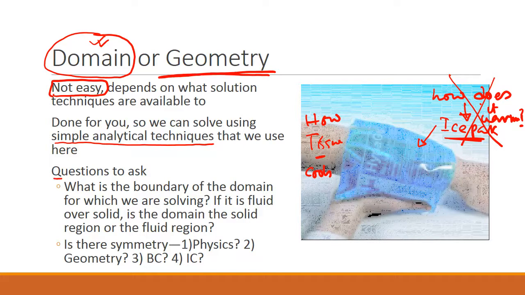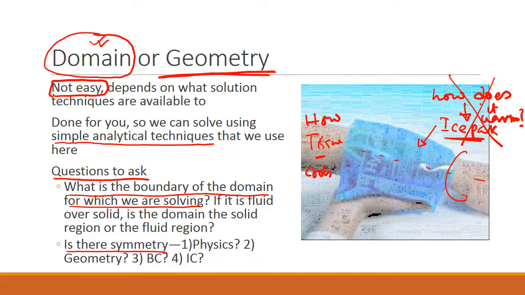So the questions to ask to simplify the problem is, what is the boundary of the domain? I already talked about it, so in this case it's the tissue. Is there symmetry? In this case, we are thinking that the geometry is symmetric.